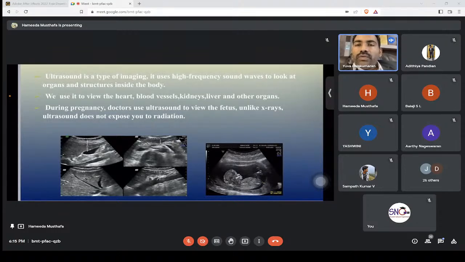We use it to view the heart, that is the echo, blood vessels, that is known as Doppler studies, kidneys, liver, pancreas, gallbladder, and we can see if there are any lymph nodes, if there is any appendicitis, uterus, ovaries, and all the soft tissue organs like breast, thyroid, scrotal studies, if there is any injury, everything we can see in the ultrasound.